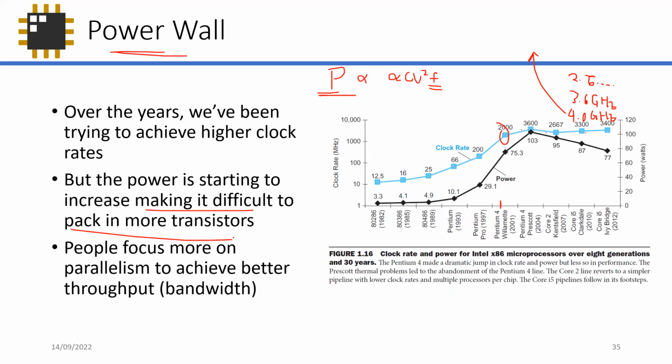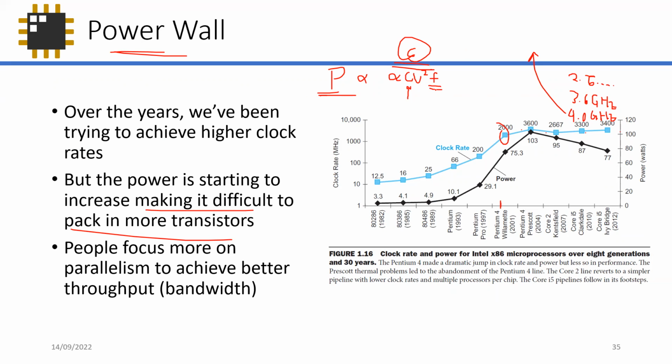Because if I want to have more processing power, why don't I increase the number of transistors or the number of processing elements? The problem with that is that you're also increasing the C component, because the total capacitance is proportional to the number of transistors that you are using. And because of that, it's a possible improvement.